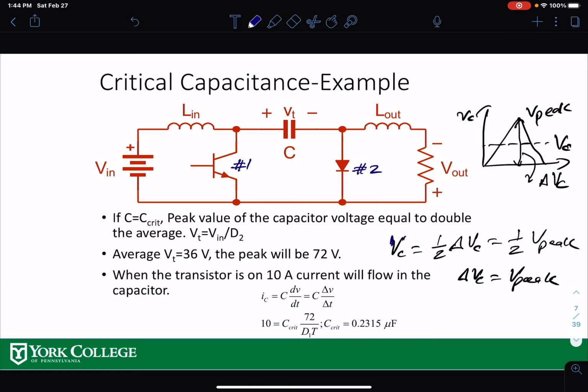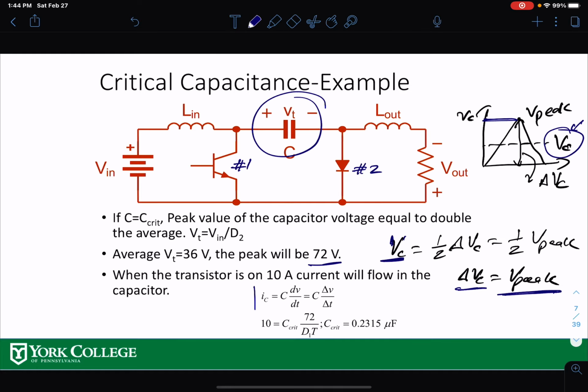So now, if you come over here, your VT, that is basically VC right here for this one, is the average capacitor voltage across this capacitor. So that's your 36 volts. If that's 36 volts, the peak-to-peak ripple over here is twice that average value, right? So your peak value would be 72, because 36, your average value, twice that is 72.